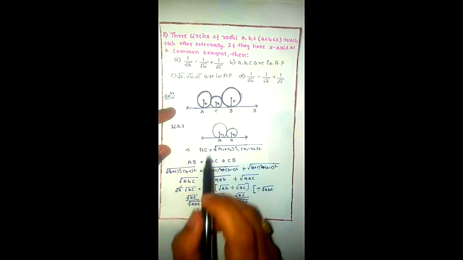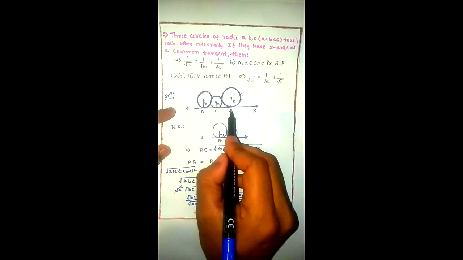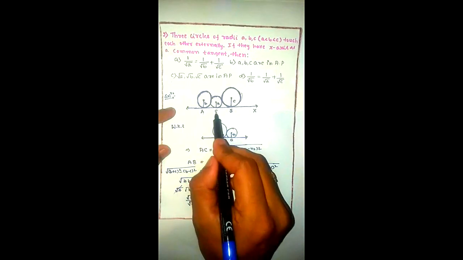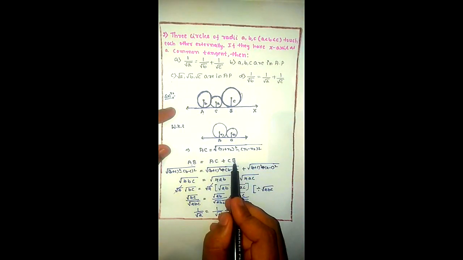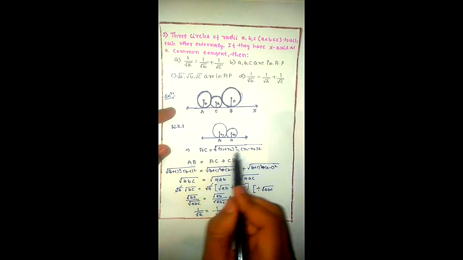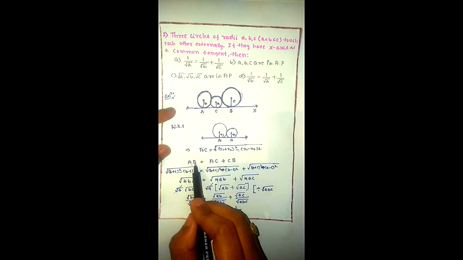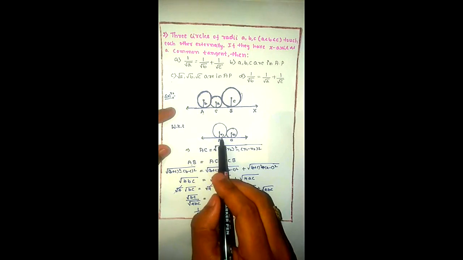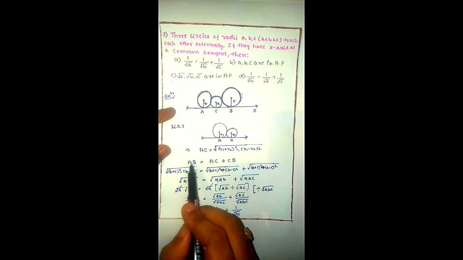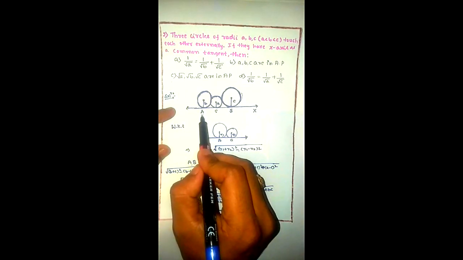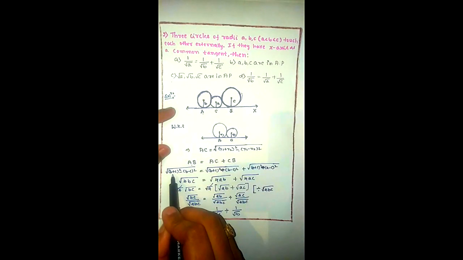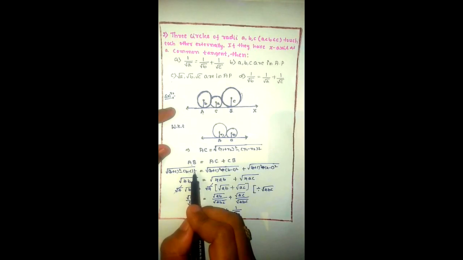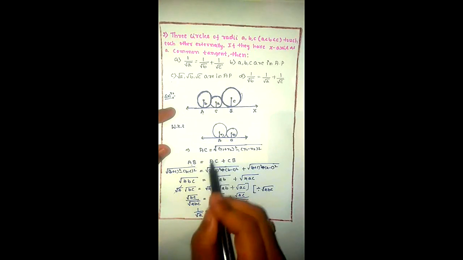So observe the diagram. Then AB can be written as AC plus BC. AB is equal to AC plus CB. By using this formula, observe the diagram, for AB the radii are B and C. That means square root of (B plus C) whole square minus (B minus C) whole square, which is equal to AC plus CB.